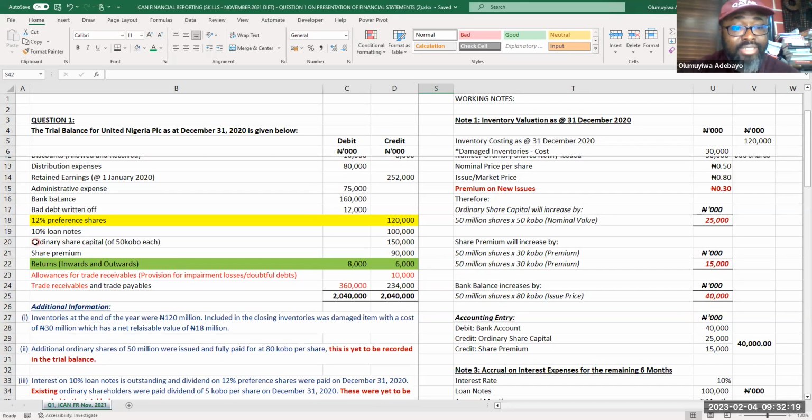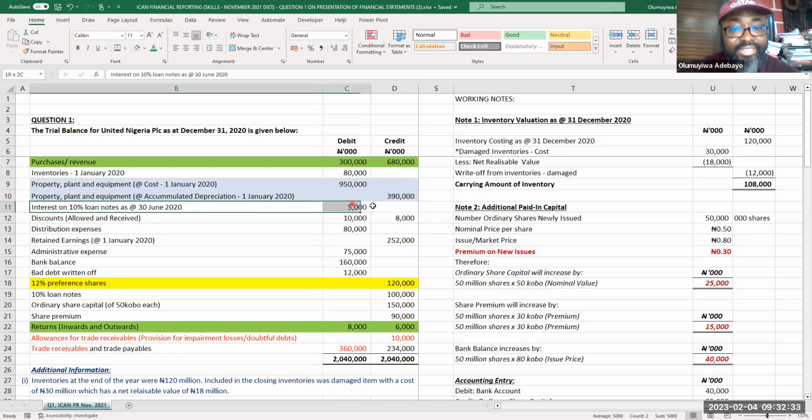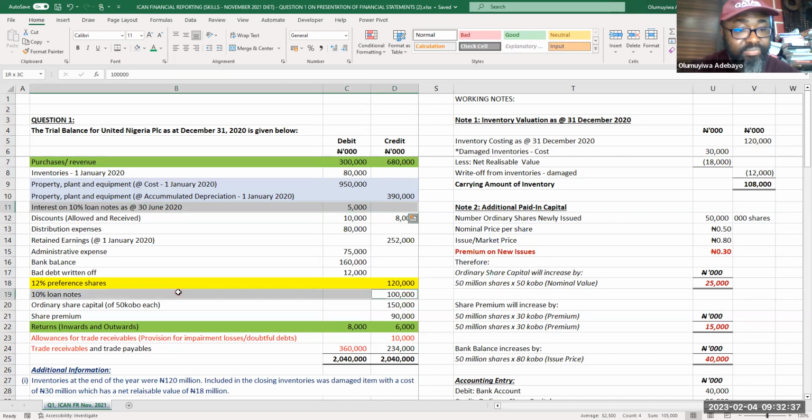I would have assumed that the whole year is outstanding, which is 10% of 100,000 times 12 months over 12 months, which means 10 million is outstanding as interest. But if I move further up, I was told here, let me highlight this and this, they have something in common.